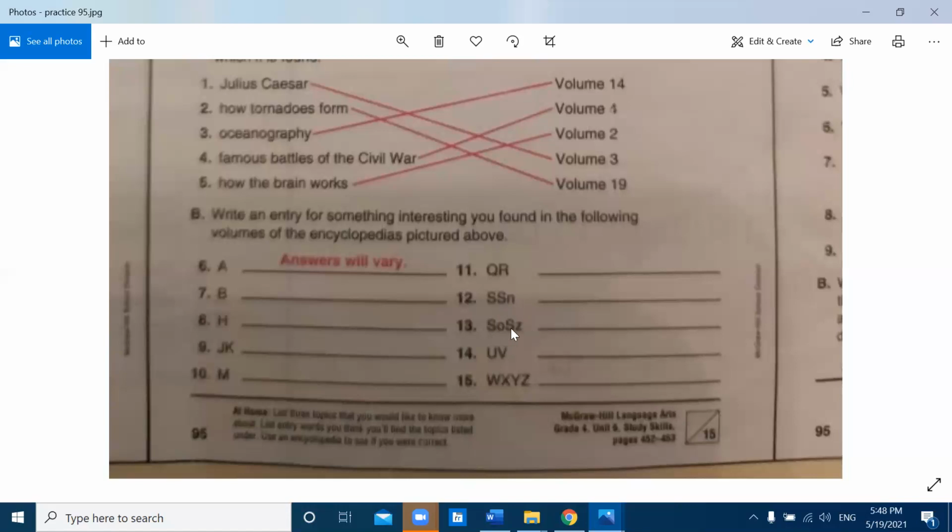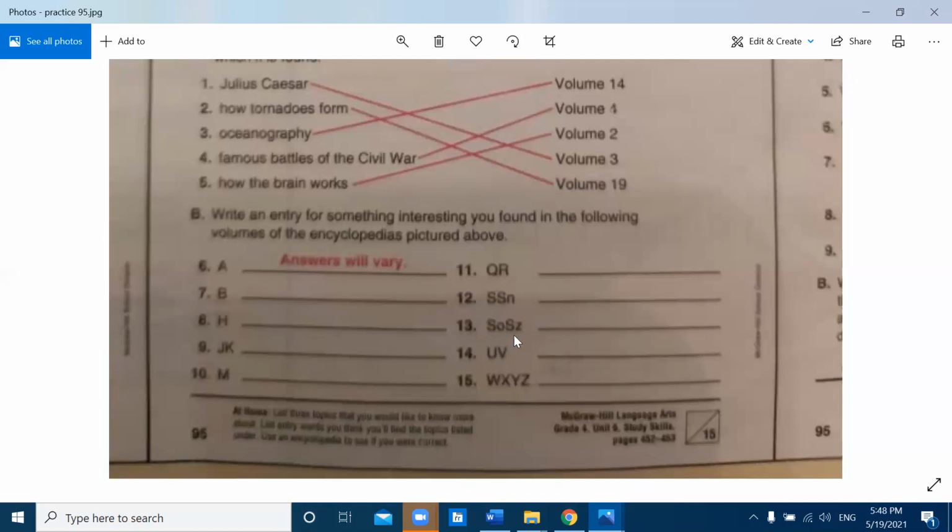Oh no, sorry, soups would be here in SO. All right, moving on down to SO, we could look up soups. Maybe we could look up, oh, this one's kind of hard. Actually, we could look up the sun. We could look up the solar system.